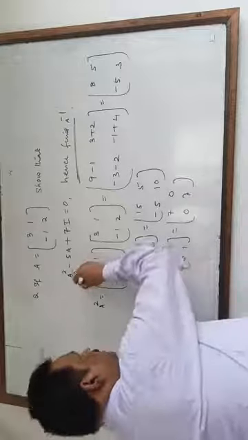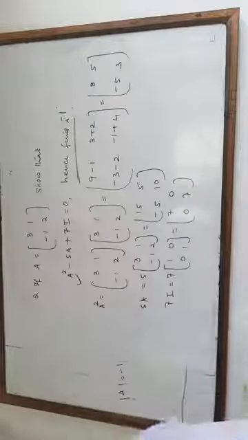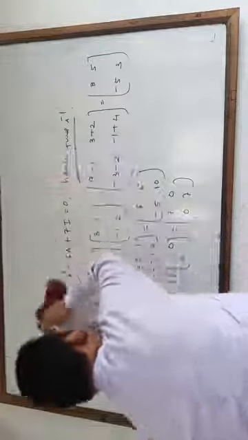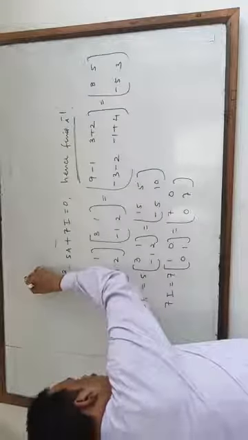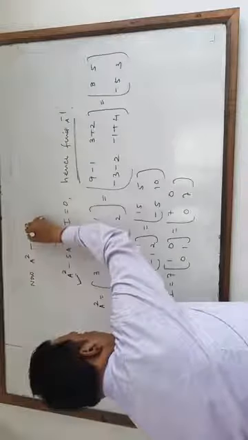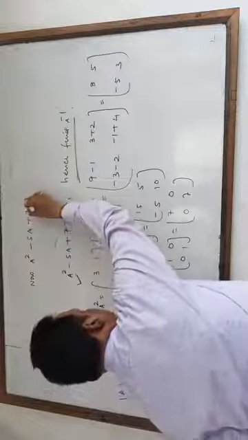Now let's put it here: A square minus 5A plus 7I.